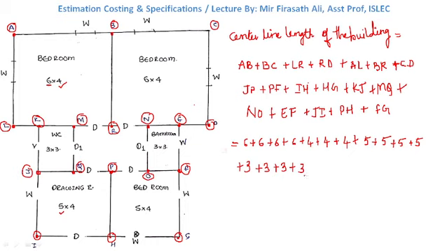Then we have JI, which is nothing but 4, PH is 4, FG is 4.